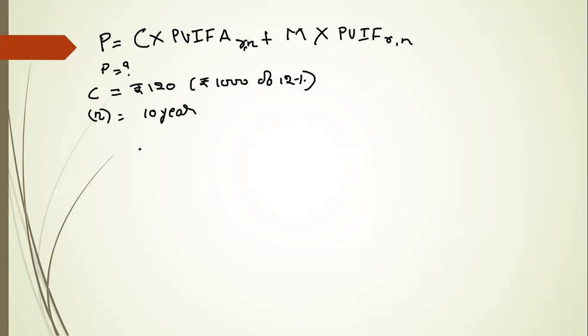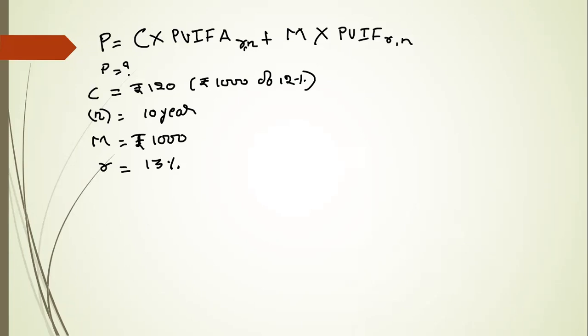The principal amount M is 1000. And the required return R is 13%, which is mentioned in the problem.